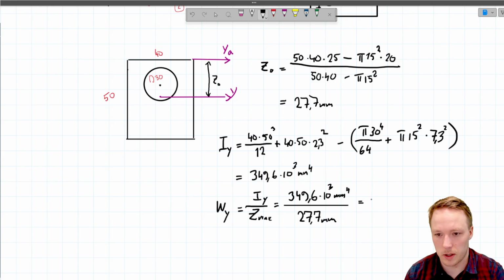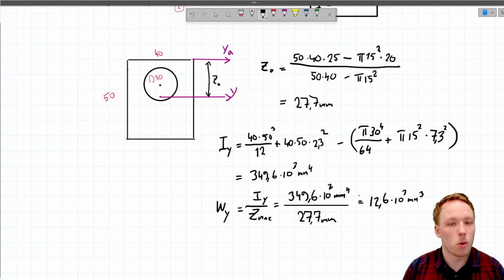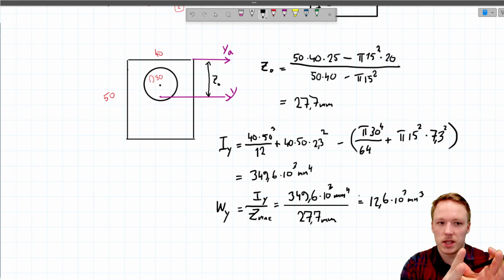And this will give us 12.6 times 10 to the power of 3 millimeters to the power of 3. Alright, so now we have solved the section modulus for this cross section.